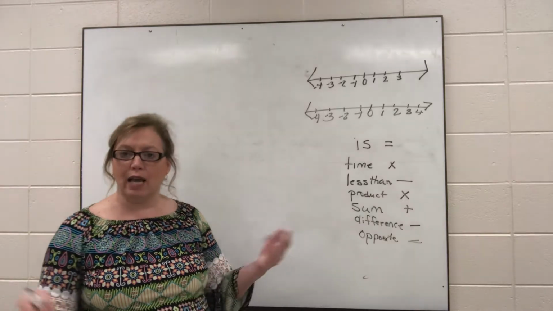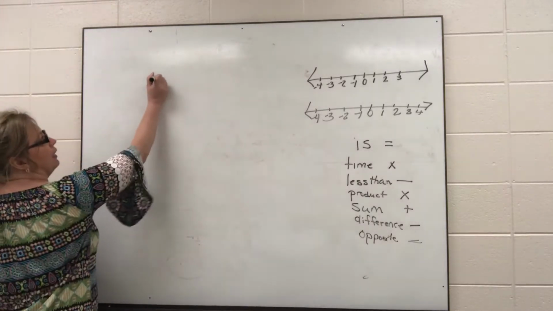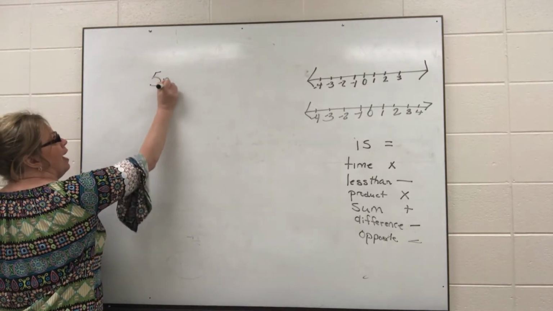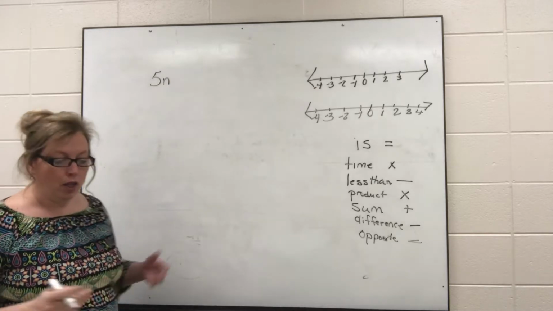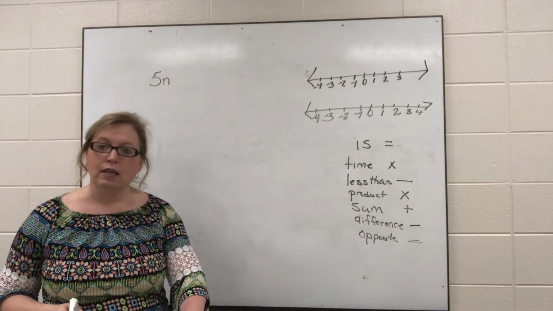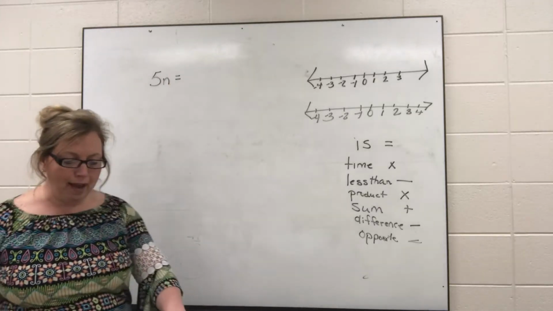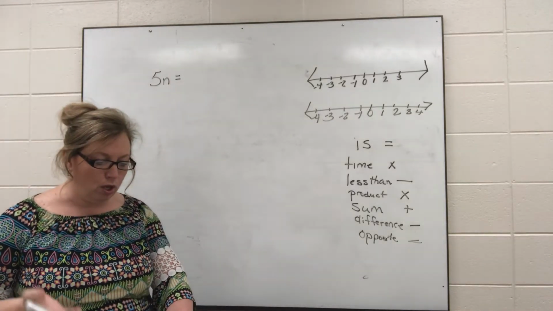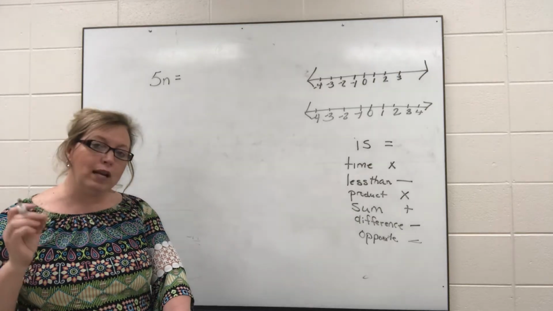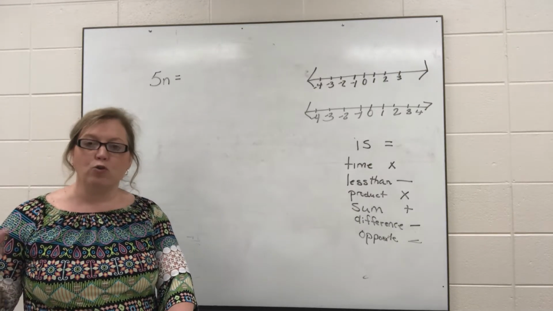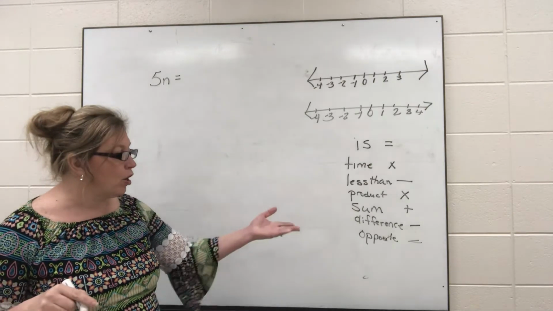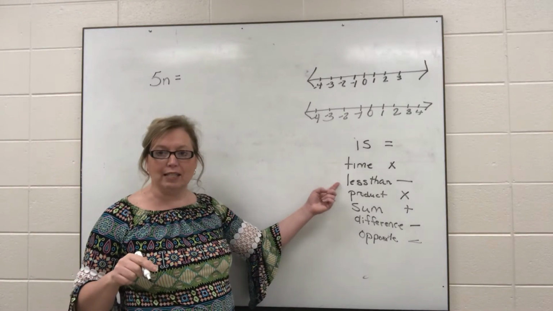5 times a number. Well, we know that means 5n. Then we have the word is. Is means equals. So now we have 5n equals, it is 49 greater than. Greater than, I didn't write that on our list, but it's going to be the opposite of less than, isn't it?